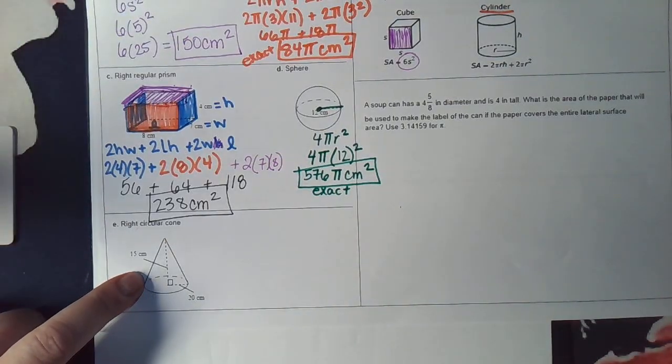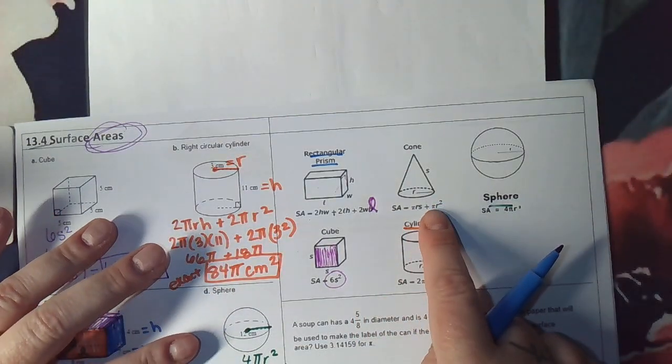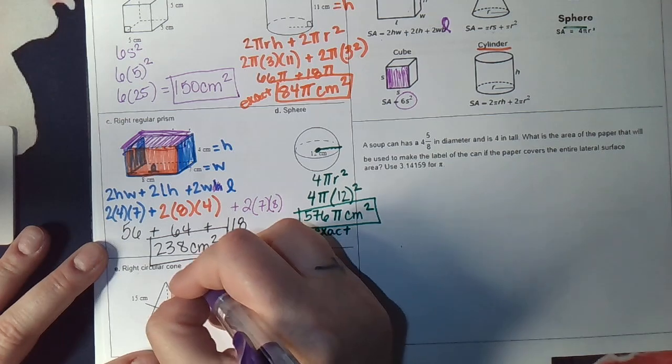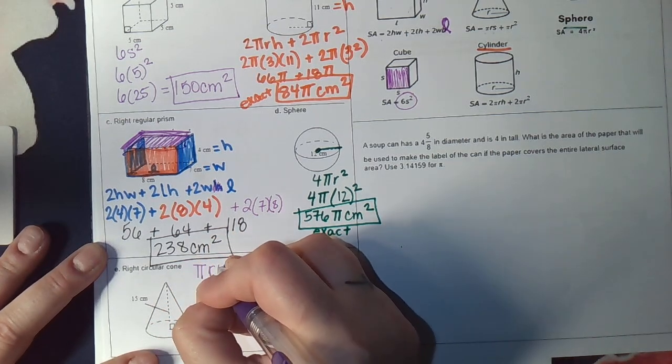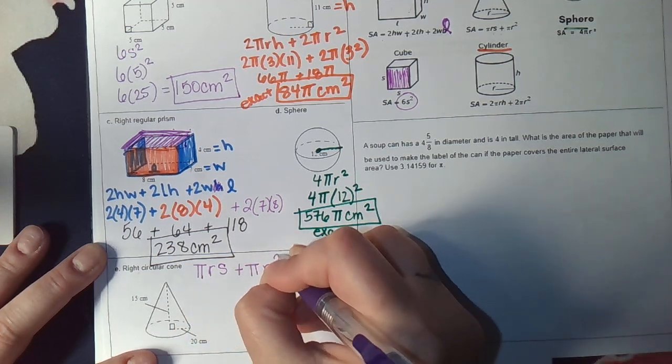It says a right circular cone. Well, up above, it says pi rs plus pi r squared.